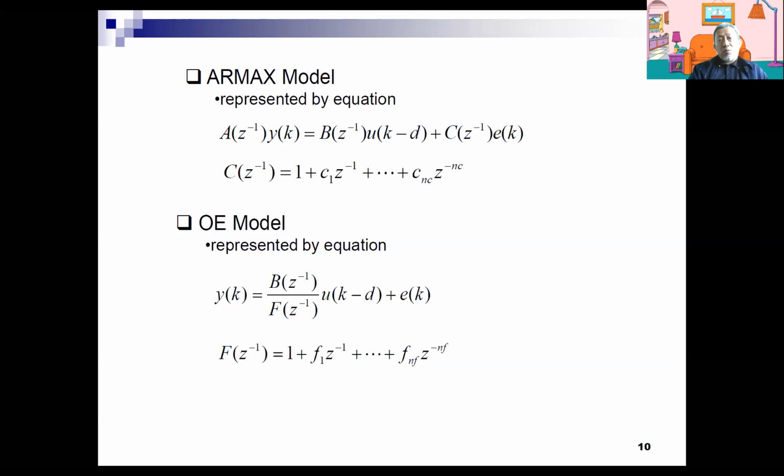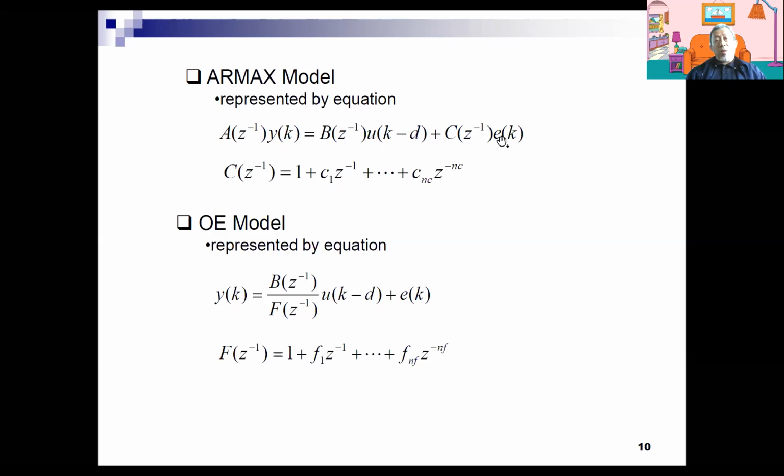So the ARMAX model, as we learned in chapter 3, is represented by this polynomial, that is the general linear polynomial model that I taught you, where we assume D and F as 1, and then we get this equation: A multiplied by Y equals B multiplied by U, the input, plus C multiplied by the noise.